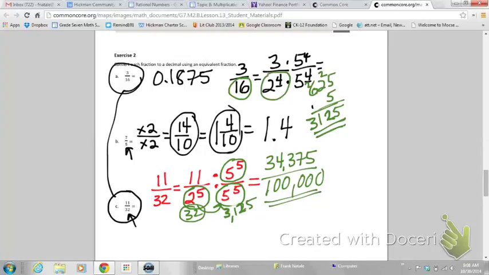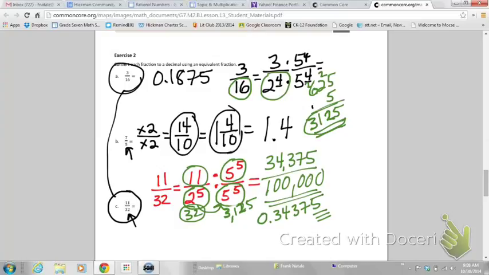And if I multiplied that times 11, I think I had 10 here written before, I get 34,375. So what do I need? I need a 0 because I have no holes. And then I have 3, 4, 3, 7, 5. Okay, so that ends up in the 100,000ths place.